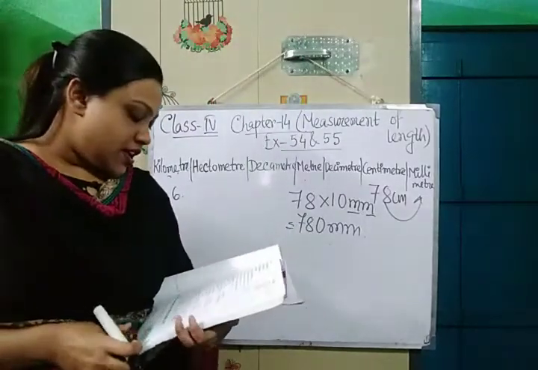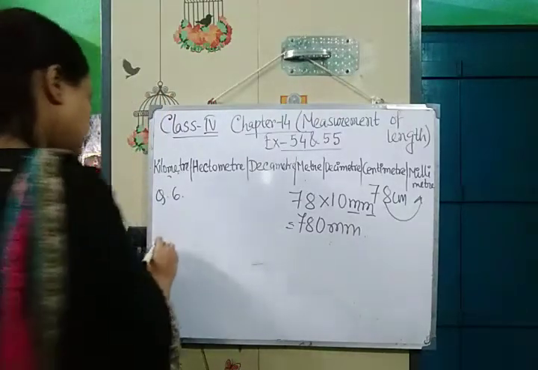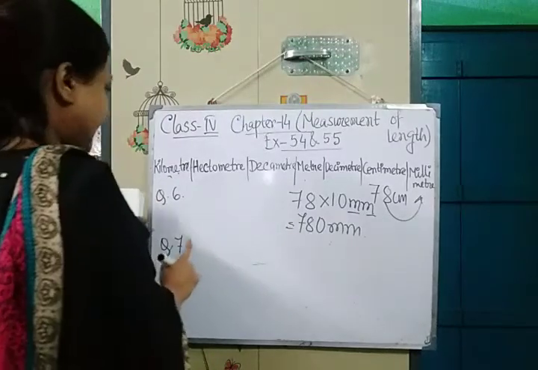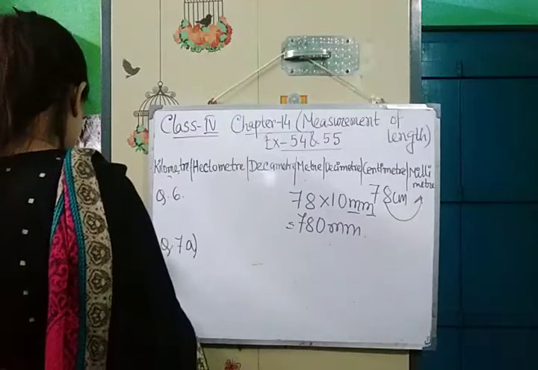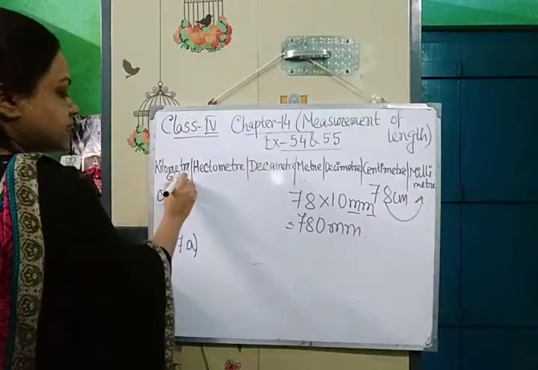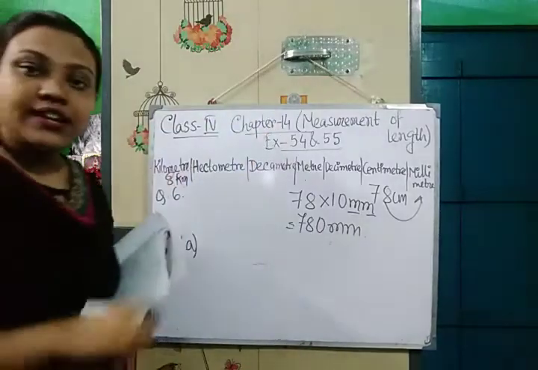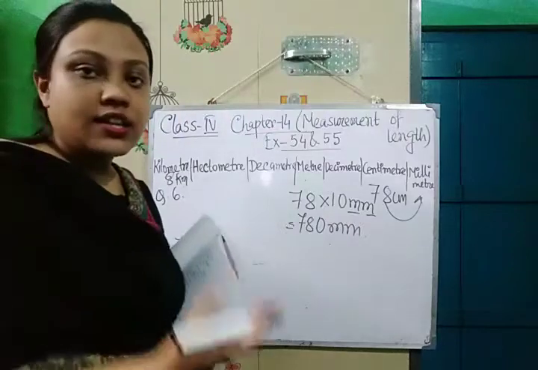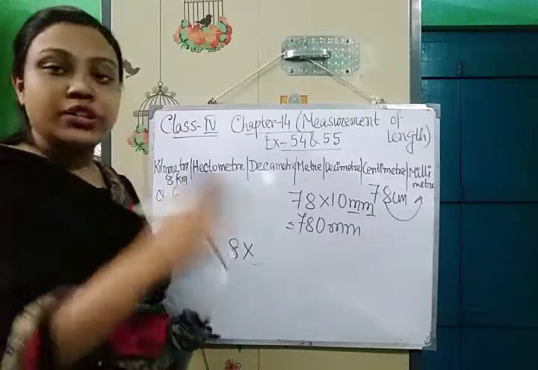Okay. And the next one is question number 7, which is convert from kilometer to meter. Question number 7a. Convert 8 kilometer to meter. Now see, again from kilometer to meter we have to move to the right, so we will multiply because we are moving to the right.